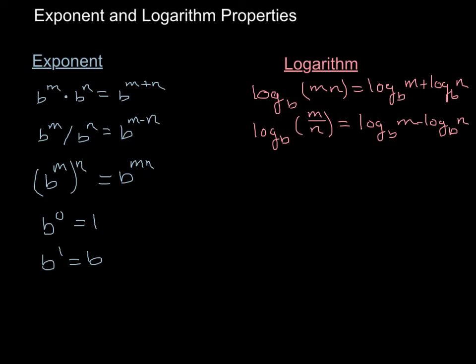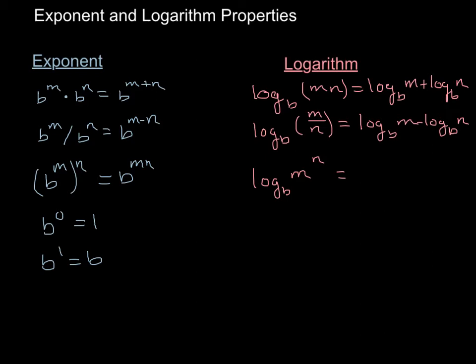Alright, if we have an exponent being raised to another exponent, the equivalent in logarithmic form would be our log base b of some n being raised to another exponent. So we have our log being raised by an exponent, and an exponent being raised by an exponent. That means we can multiply them.